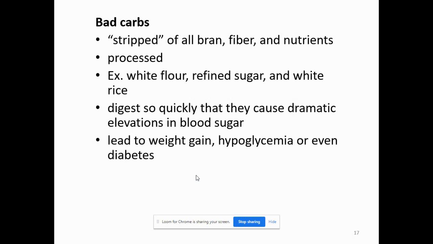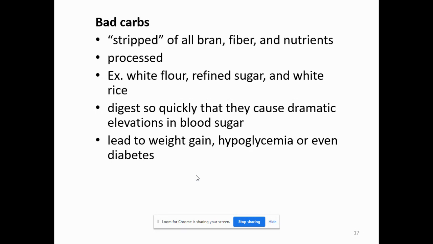Now, from a nutrition standpoint, you may have heard, hey, carbohydrates are bad. A diet high in carbohydrates is bad because they can be considered bad carbs. And what are bad carbs? They're stripped of all bran, fiber, nutrients. They're processed, like white flour, refined sugar, white rice.